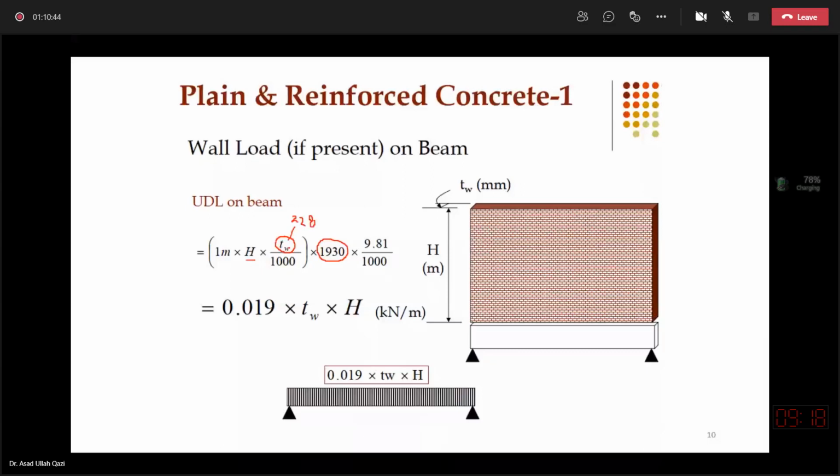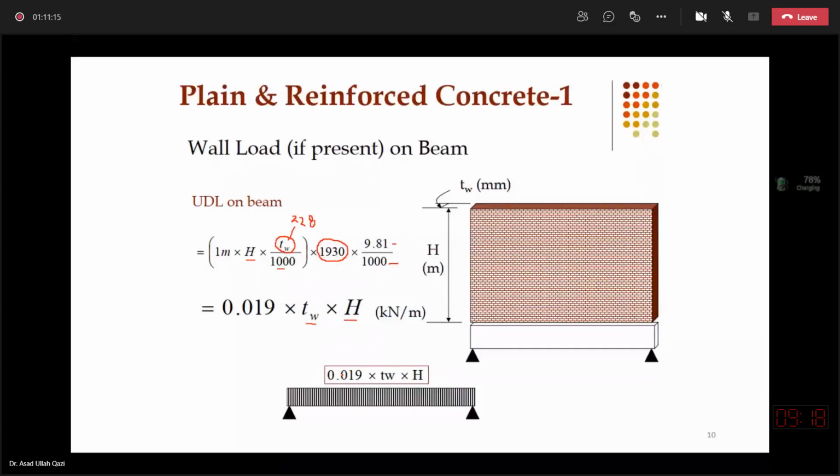This TW you will put in millimeters because of the division by 1000, so it will be converted into meters. So here you will put TW in millimeter, H in meters, and density 1930 for masonry selected, in kg converted into Newton, divided by 1000, into kilonewton per meter. This simply will give you the masonry wall load per unit length, service.